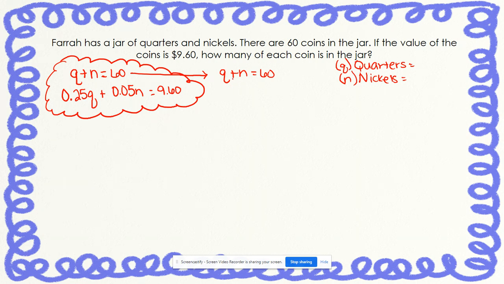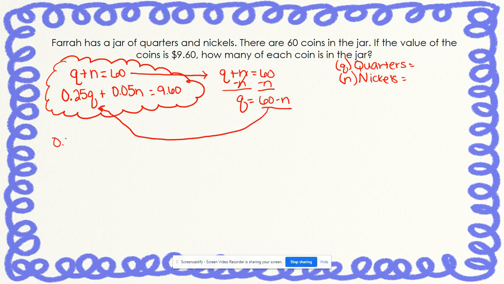To get Q by itself, I'm going to have to get rid of N, so I would subtract N from both sides. These would cancel and leave me with Q equals 60 minus N, or you could write negative N plus 60. Because I'm using the substitution method, now that I know what Q is equal to, 60 minus N, I'm going to plug that in for Q in the other equation.